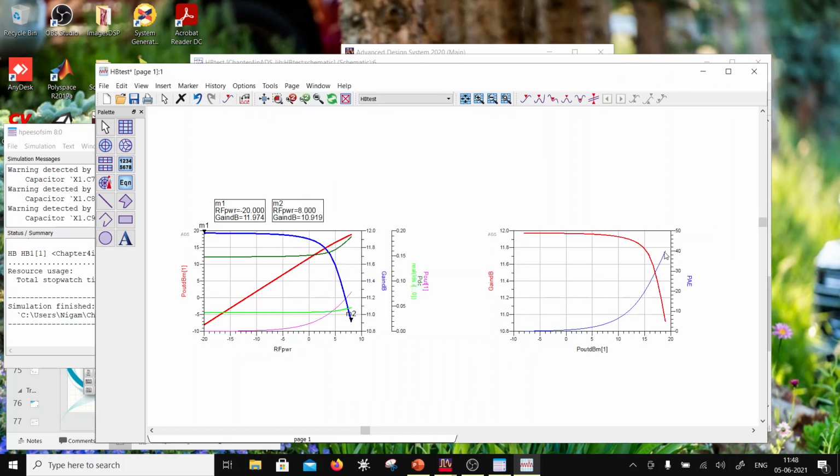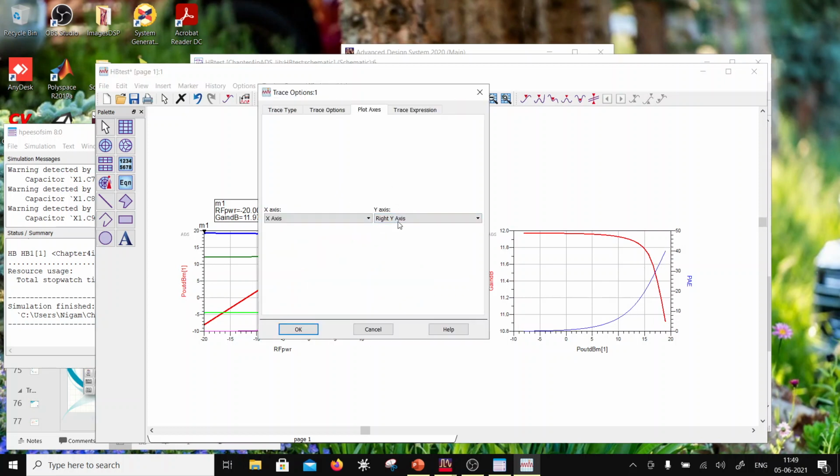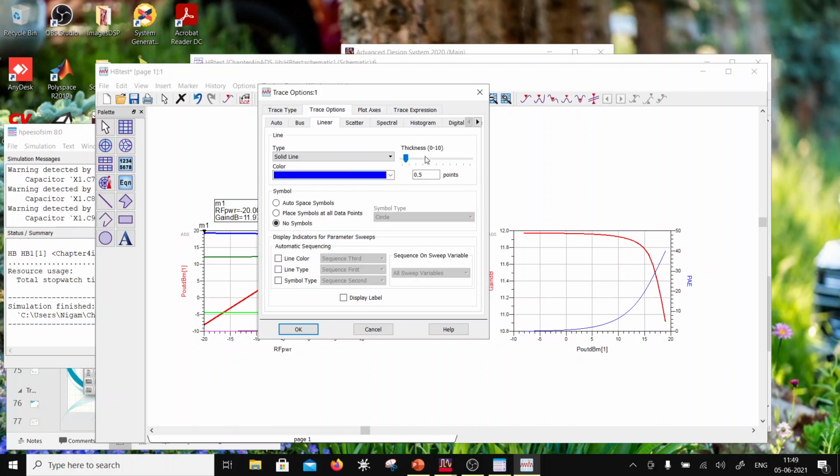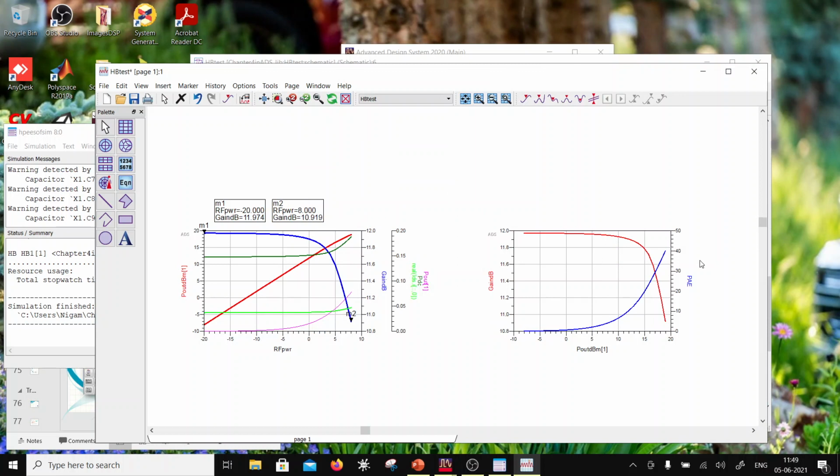So at 1 dB compression point I have almost 40% efficiency, right? You see here? So that's the 1 dB compression point. I have 40% efficiency. Simple, right?